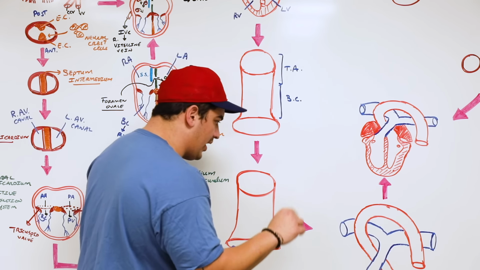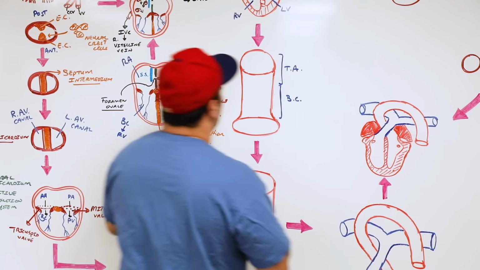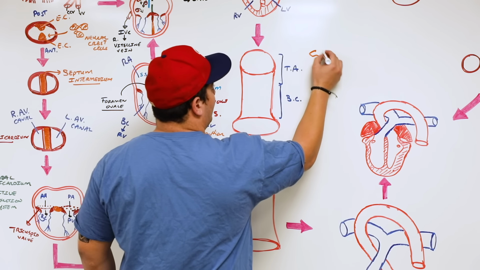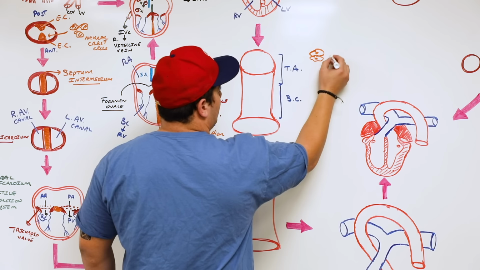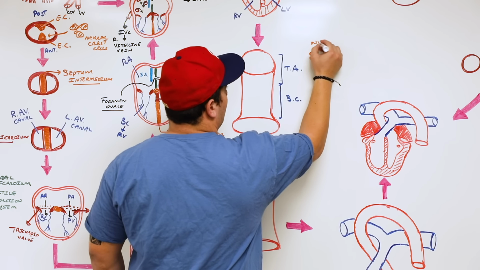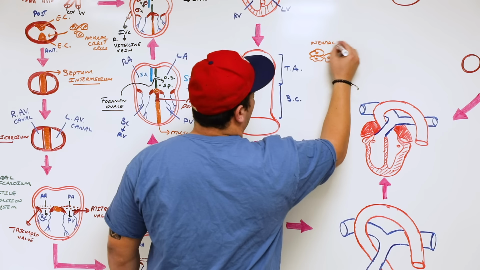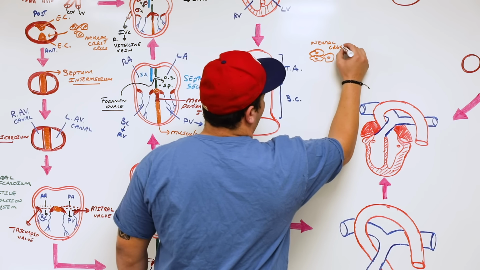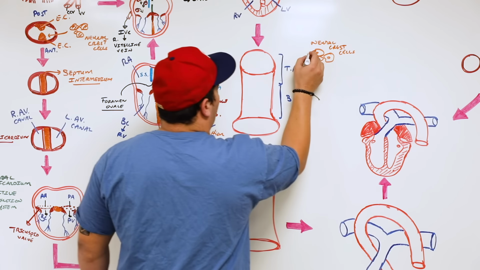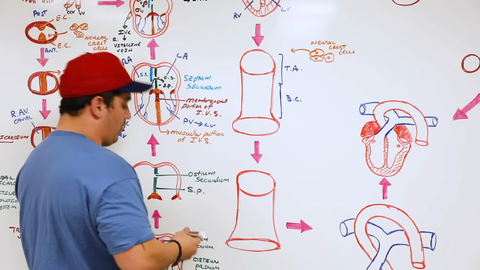What are they called again? Neural crest cells start to infiltrate into these areas here. So some of these neural crest cells are important for forming what's called the aorticopulmonary septum, but some of these neural crest cells migrate into this area here, okay?